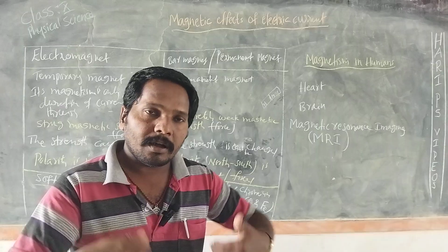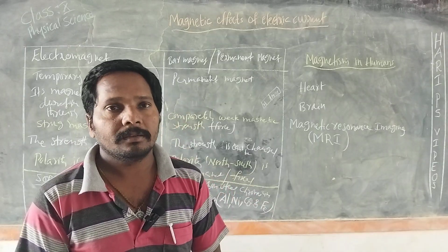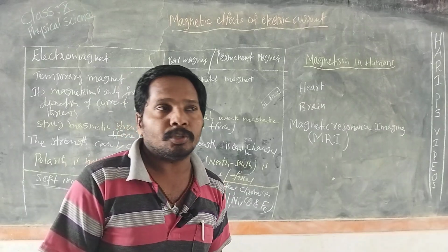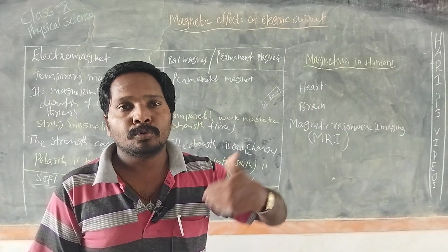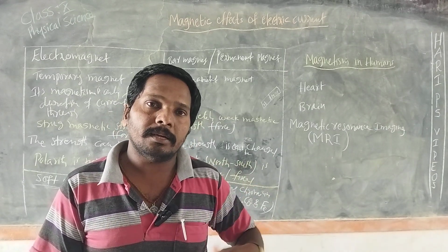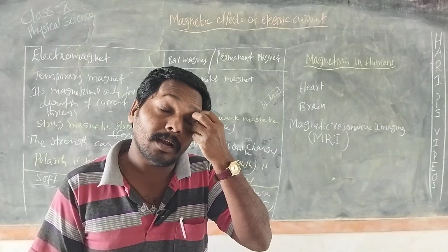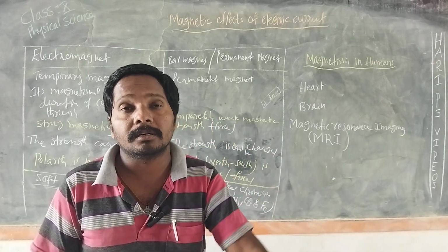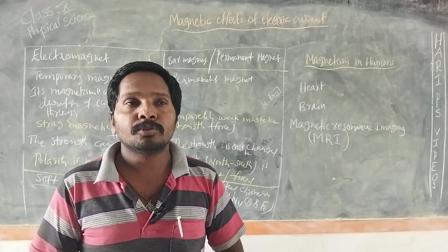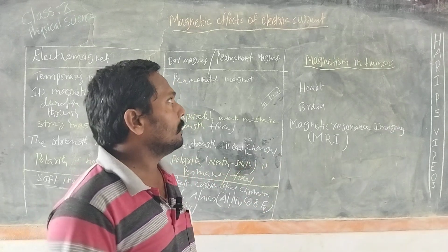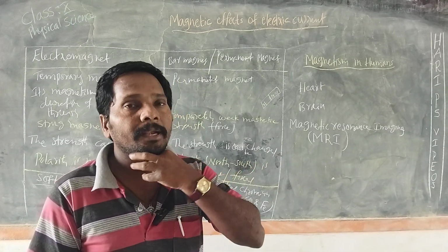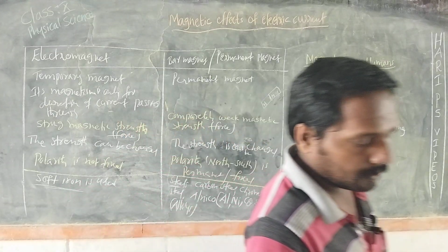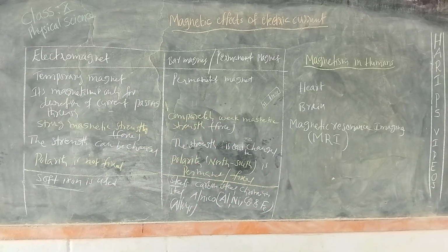Because of this, magnetic resonance imaging, MRI, is used in the medical field to study the internal parts of our body and to find any cancer-causing tissues in our body. So in the medical field, magnetism is also useful. That's all.